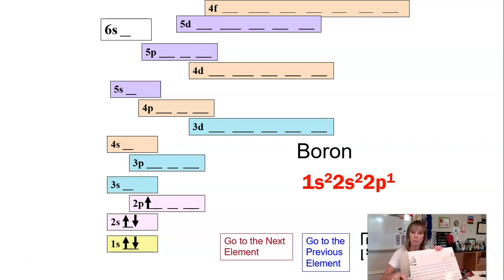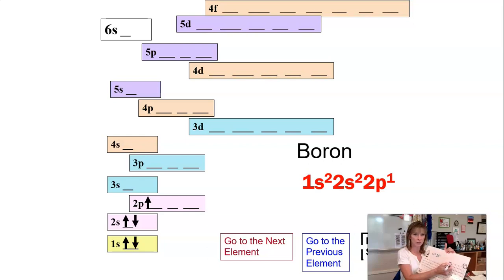Okay, boron. Let me get an eraser and a different color for you. All right, let's find boron. Here we go, boron, way over here. Is it in the S block? No, it is in the P block. It's in the second energy level. So boron's electron configuration is 1s2, because these 2 electrons are still filled, 2s2, because both of these electrons are filled, and then we stop on the element that we want.